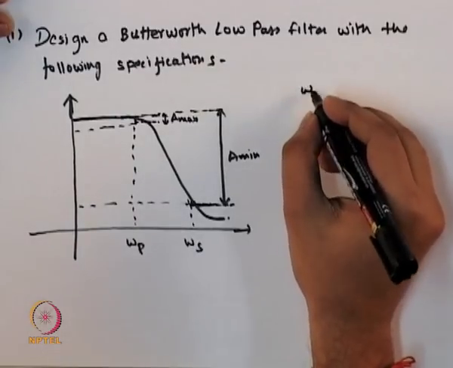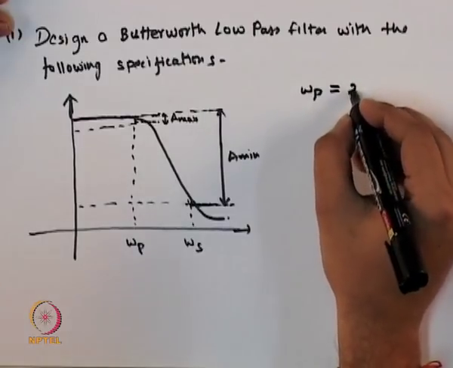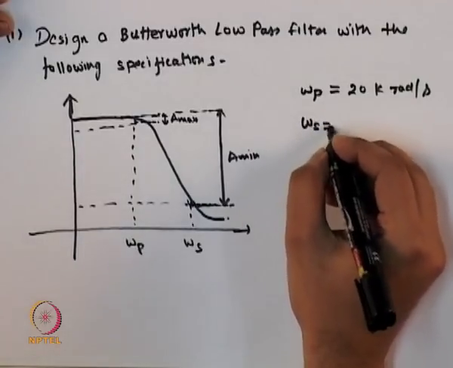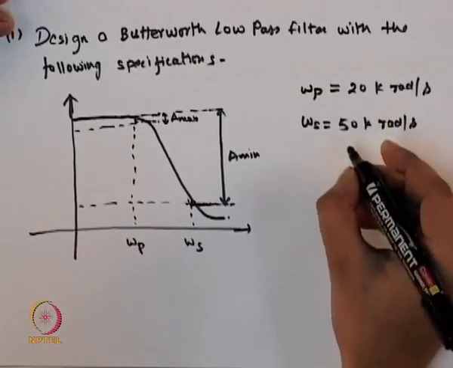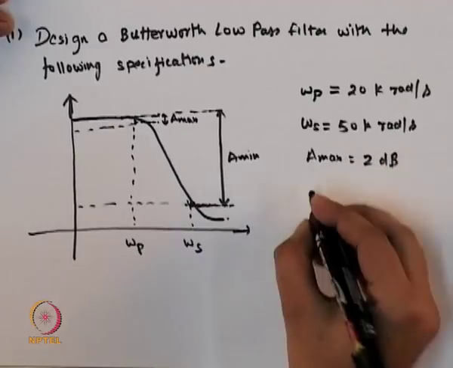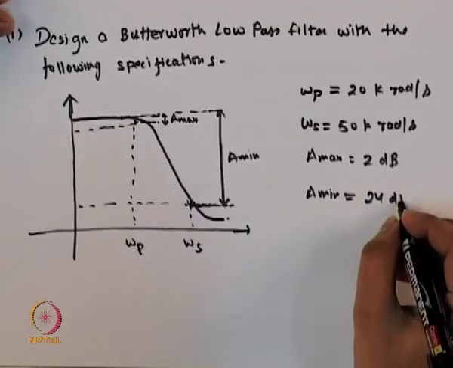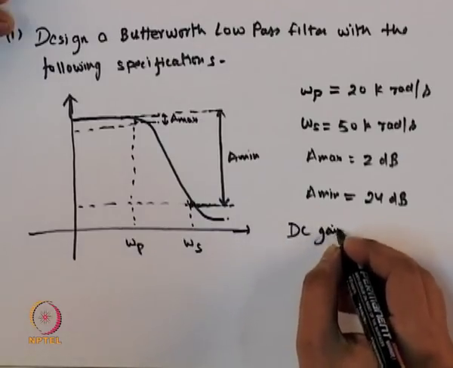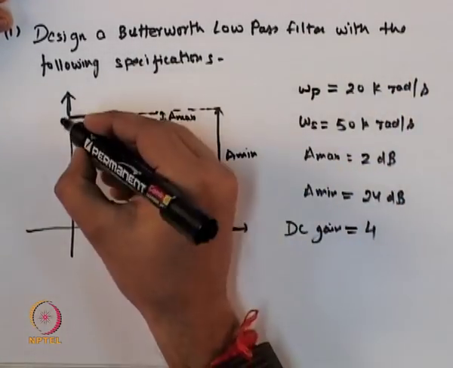So the given omega p is 20k radian per second, omega s equal to 50k radian per second, A max equal to 2 dB, A min equal to 24 dB, and the absolute DC gain we need to achieve is 4. These are the specifications given to design a filter.